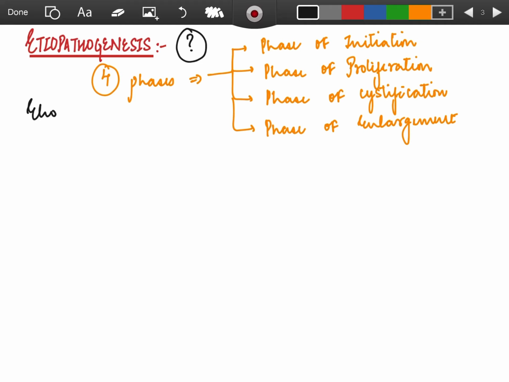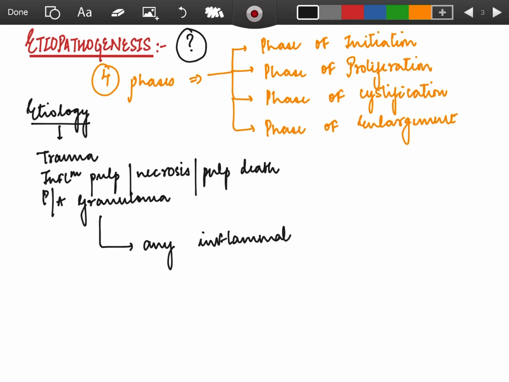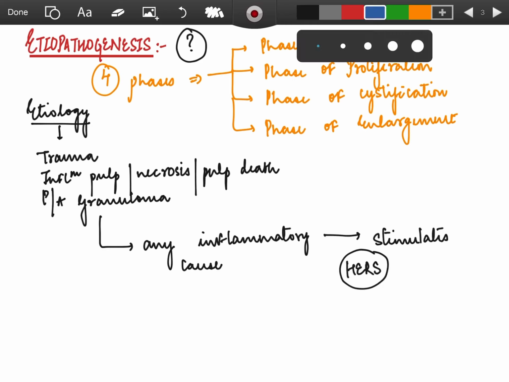Before coming to the pathogenesis, we have to know the etiology. Radicular cyst is inflammatory in origin. So trauma, inflammation of the pulp, pulp necrosis or death, or the epithelialization of a periapical granuloma all lead to the formation of the radicular cyst. Any inflammatory stimulus stimulates the Hertwig remnants.